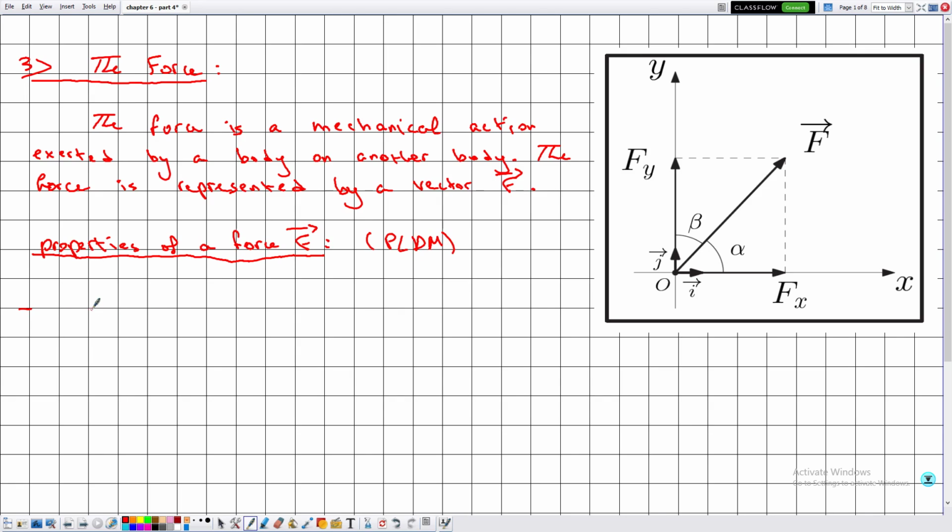The first one is the point of application. The line of action, which is horizontal, vertical, or oblique. The direction. And the magnitude.